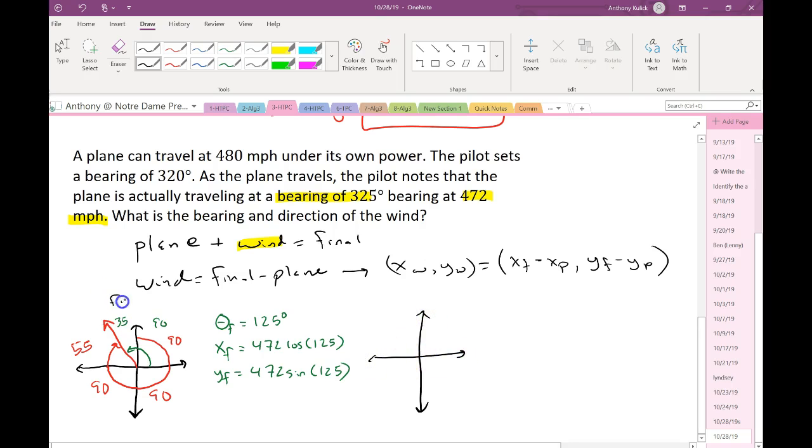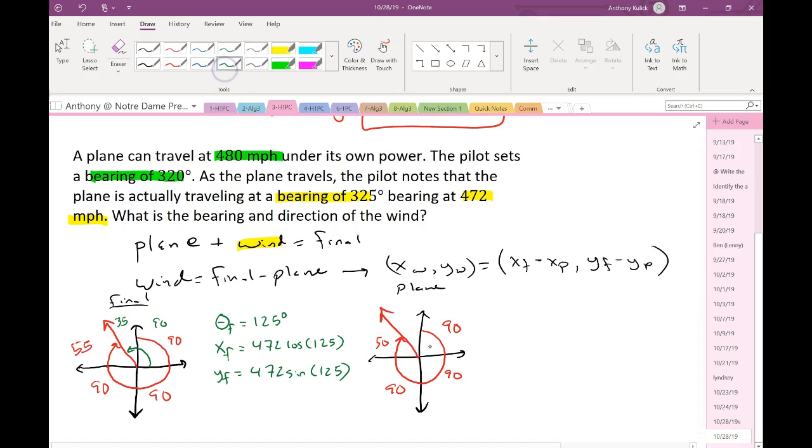And maybe we'll label this final. And this will be the plane. So the plane says we've set up a bearing of 320 degrees at 480 miles an hour. So 320 is 90, 180, 270, and then 50 more.